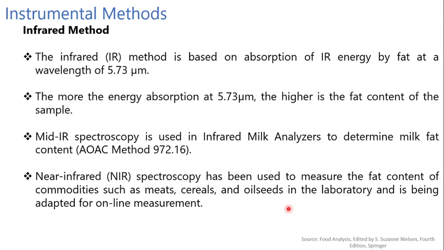When irradiated, these functional groups give rise to stretching frequencies, and these stretching frequencies are the characteristic property of that compound. From that we can identify the various kinds of content in the given sample.